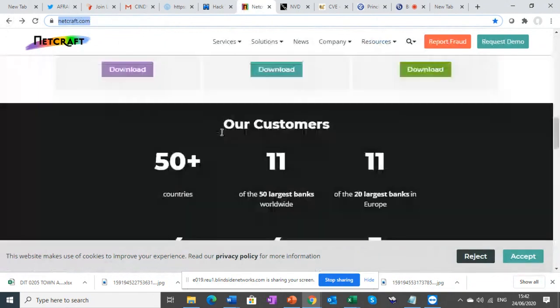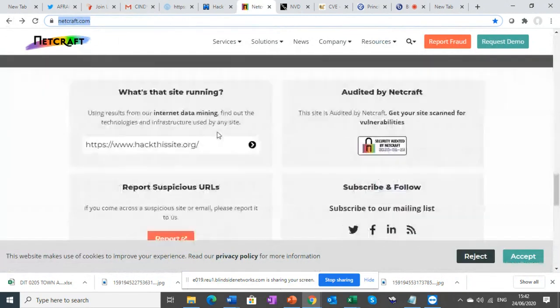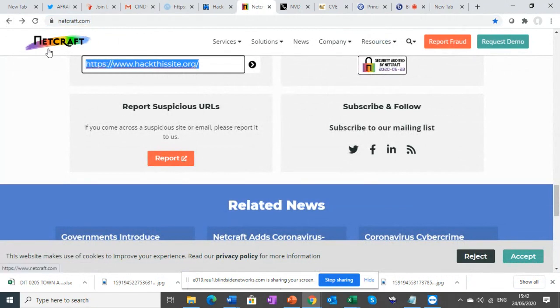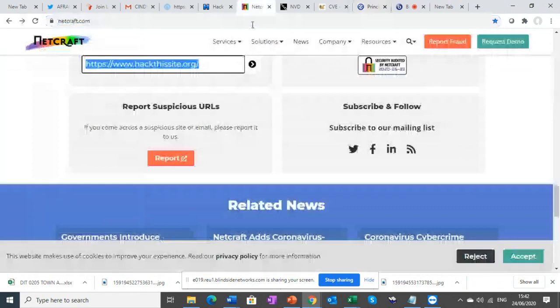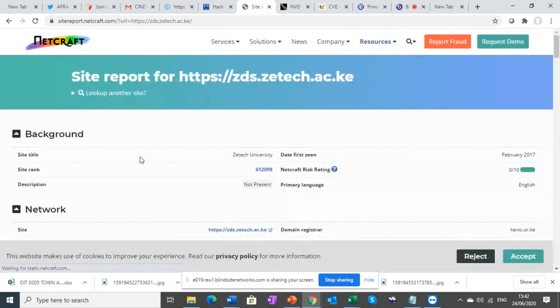So when you get home, you can scroll down and investigate a particular thing. Let's check out this one. With that site, I'll be able to know much more information about it. The site title is ZTech University.